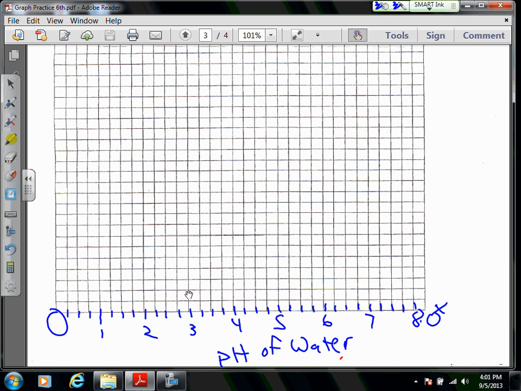Our dependent variable, again, is the number of tadpoles, and there is no unit here, it's just the number of tadpoles. There's no measurement, it's just a number. Okay, so let's look at our data. The highest number is 88. So if we make each line 2, I think we might fit it in there because I think there's 43.